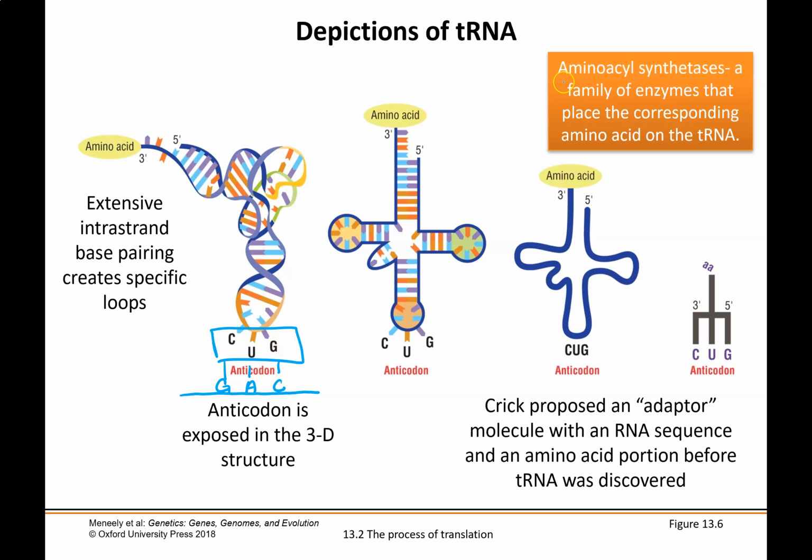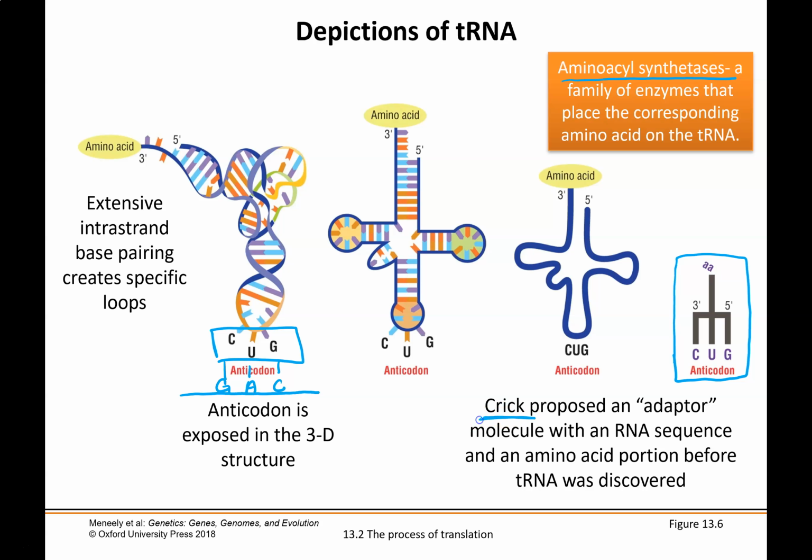And again, those aminoacyl synthetases recognize the anticodon and it knows which amino acid to bring to the transfer RNA. Our book, for the remainder of this section, uses a really simplified transfer RNA molecule that shows the anticodon on one end and the amino acid on the other. And that's just to keep things nice and clean in their images.